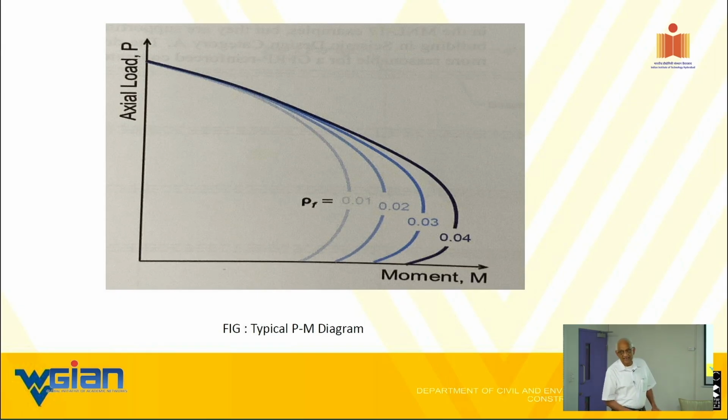That is the fallacy. Now, if I keep having some amount of moment inducement, then the load is going to decrease. For steel, you have PM diagrams somewhat parallel to each other. Not exactly, but something close to it. So that's the difference. I'll go back.